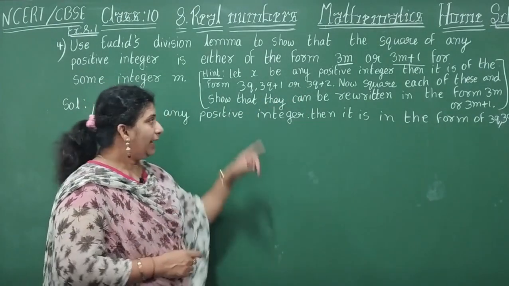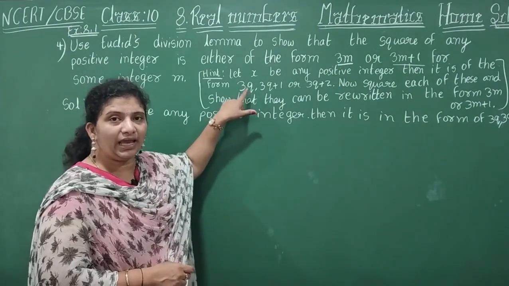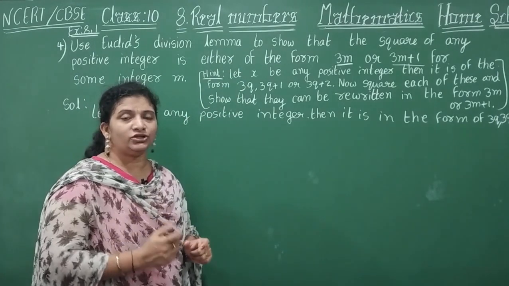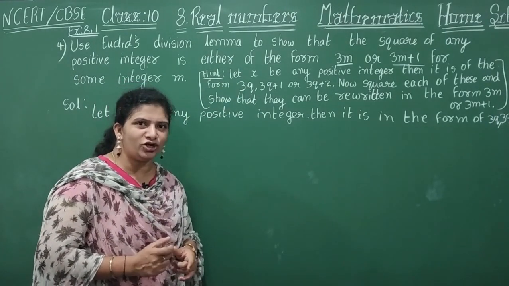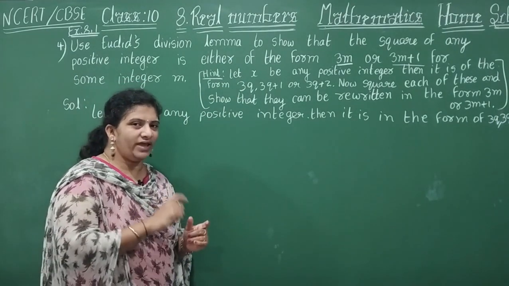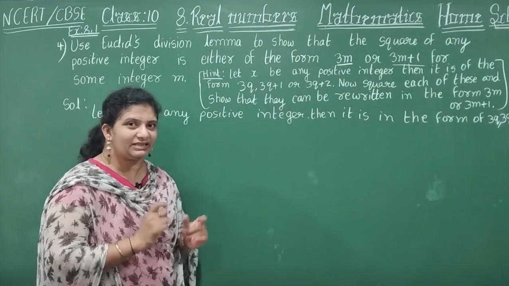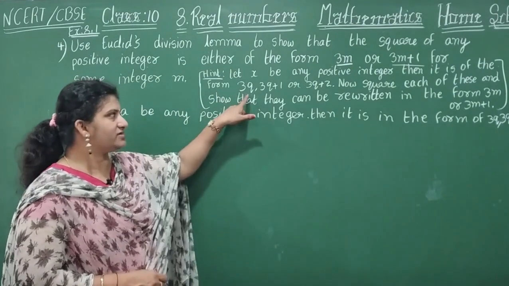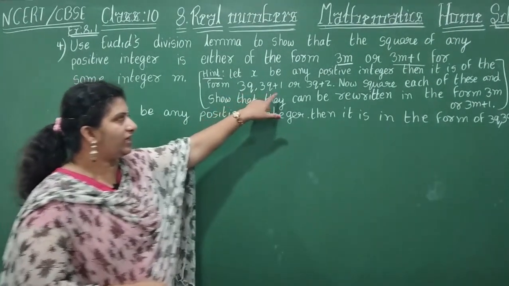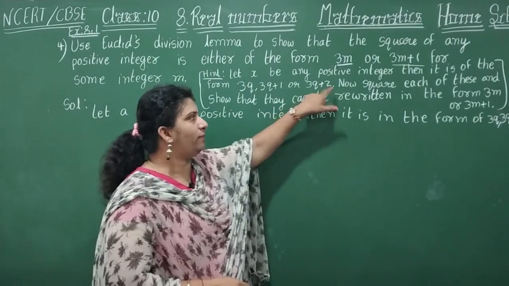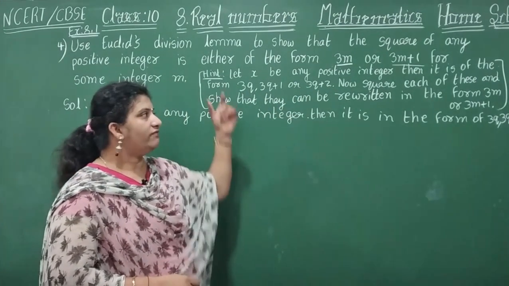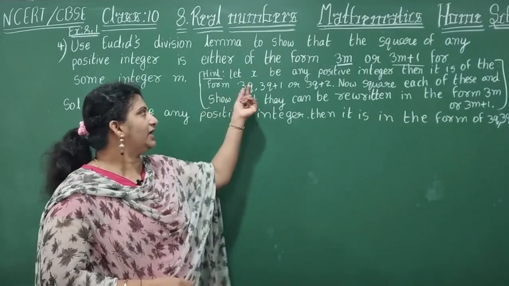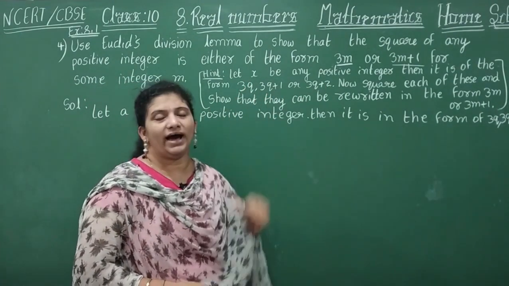Observe here, children, if you see any number with a q, immediately you should remember bq. a is equal to bq plus r, where the b value is 3. Like this you should remember. So you have to take 3 cases here: 3q, 3q plus 1 or 3q plus 2.